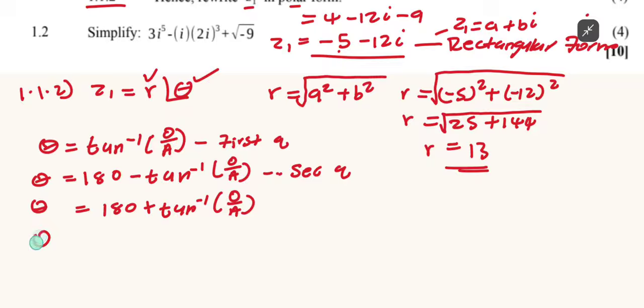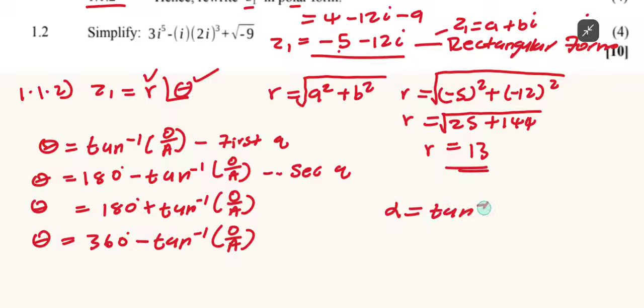Then on our fourth quadrant, this will be 360 degrees minus the inverse function of tan, opposite over adjacent. We know that alpha will be given by the inverse of tan, opposite over adjacent.